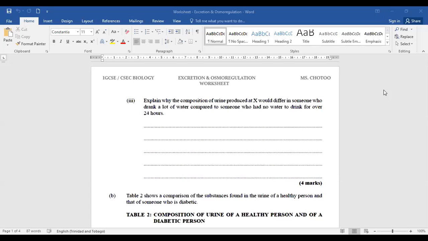However, somebody who had no water to drink for over 24 hours would have very concentrated urine, because when the hypothalamus senses this lack of water, it would stimulate the pituitary gland to secrete the antidiuretic hormone directly into the blood, which will then be taken directly to the kidneys.